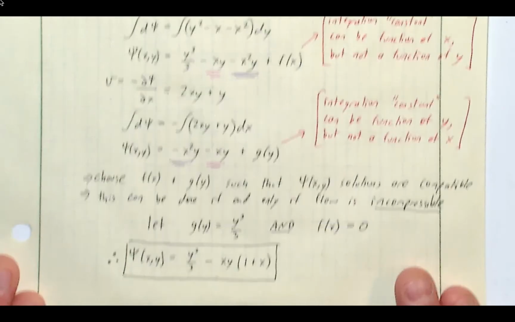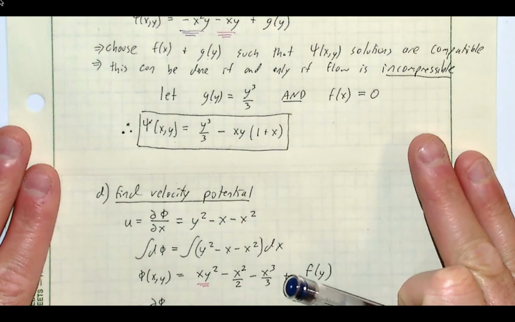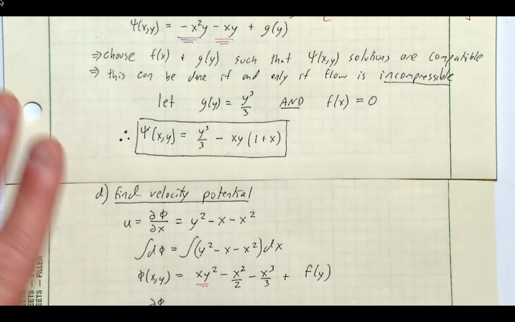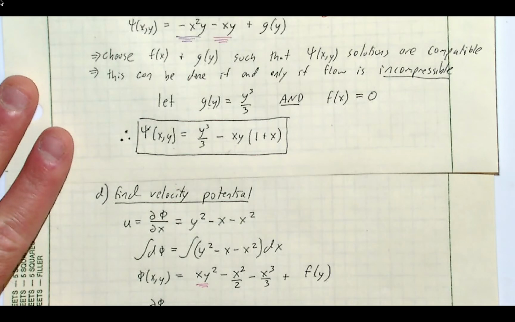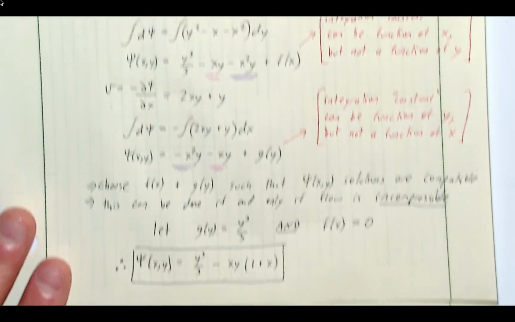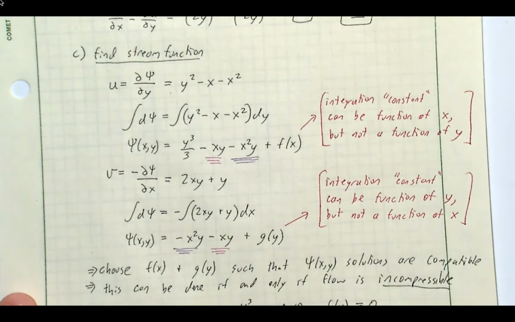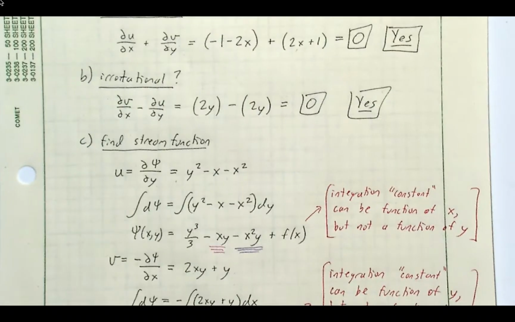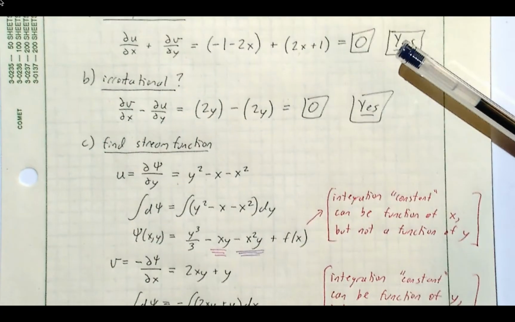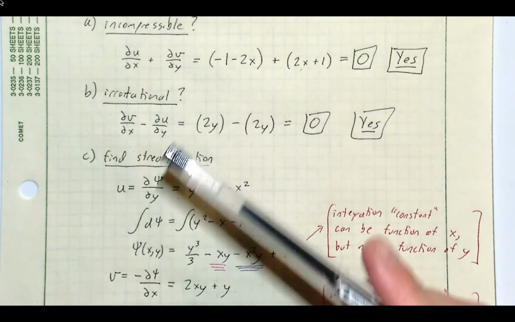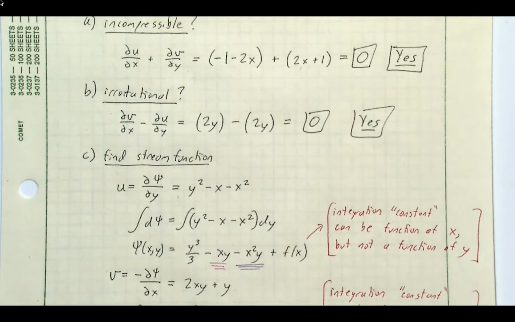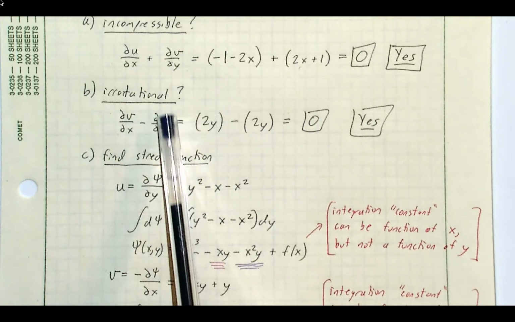Okay, so now we do something very similar for velocity potential. Just like the stream function, we can only find a stream function if and only if it's incompressible. So the answer to part A is yes. We can find a velocity potential if and only if our flow is irrotational.